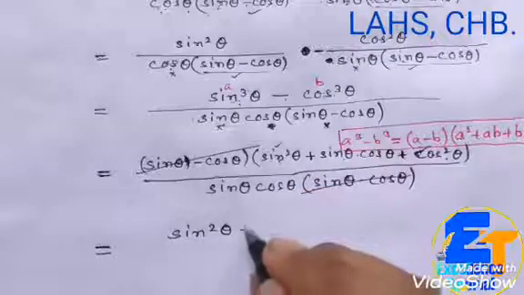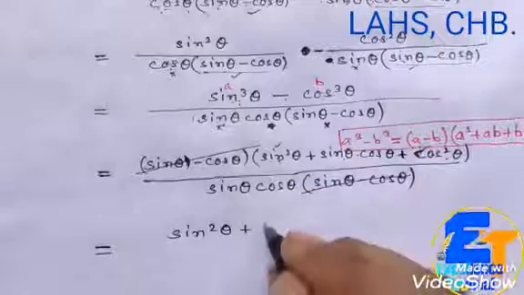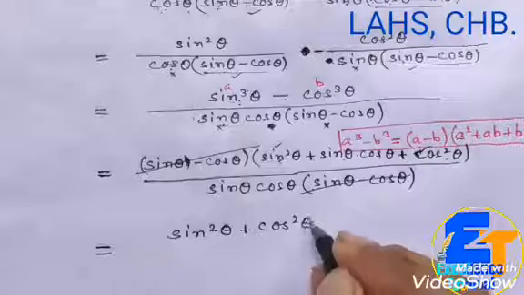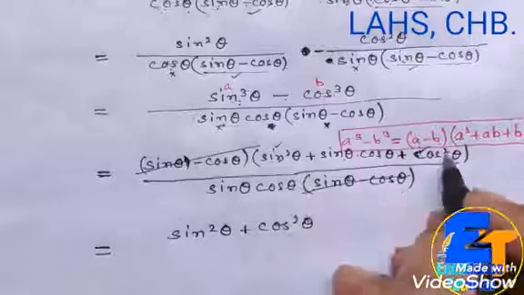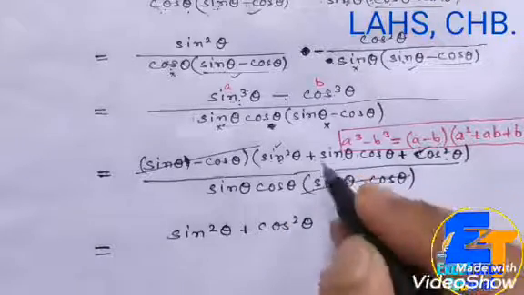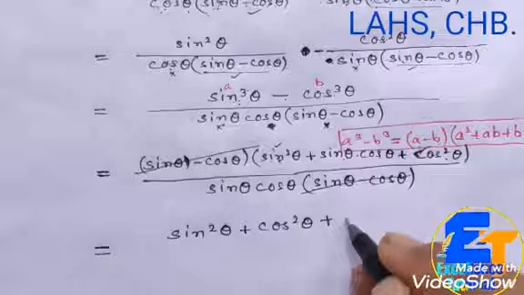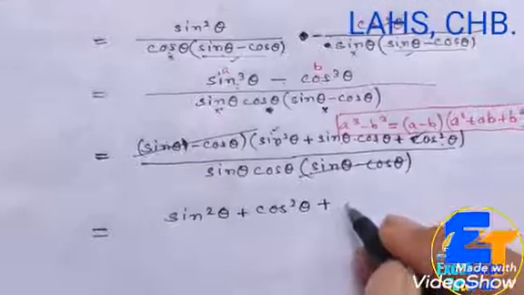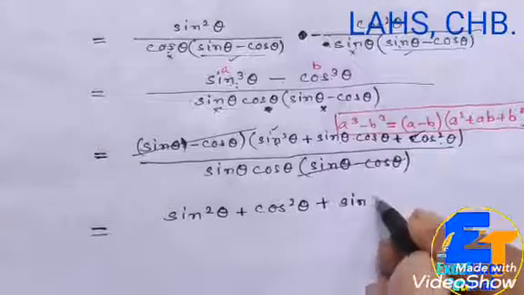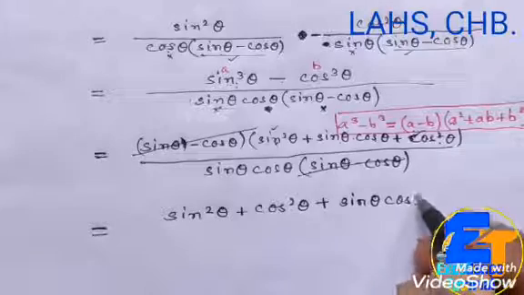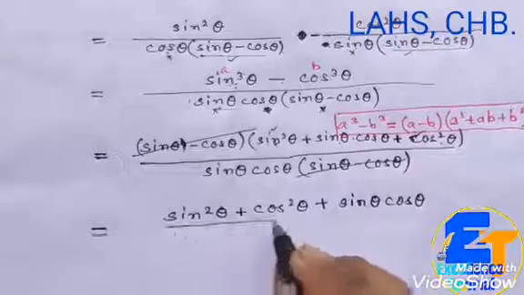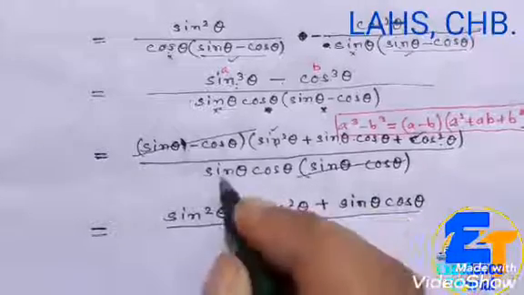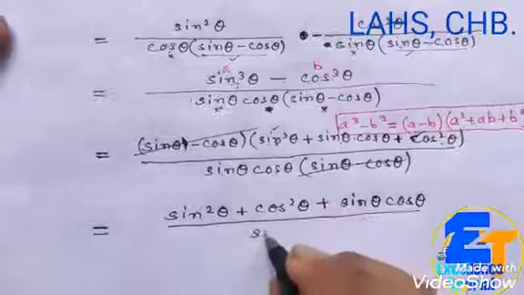Sine square theta I have written. Next, cos square theta. Okay, we have written these two ratios together. Next, plus sine theta cos theta by sine theta into cos theta.